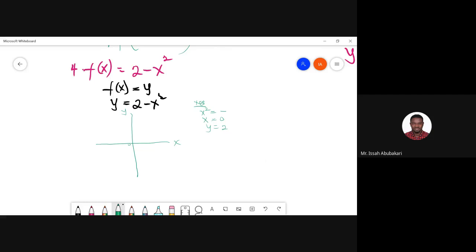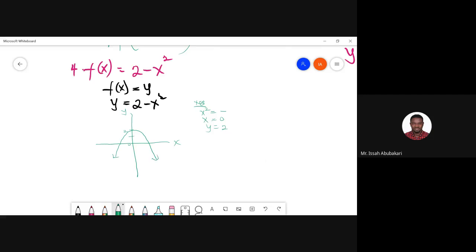So since x squared is negative, it means it's going to be something like this. All right. And then when x is 0, y is positive 2. So positive 2 will be 1, 2. Let's say positive 2 will be here, right? And then the sign of x squared is negative, so it will be like this. Okay, just like this.